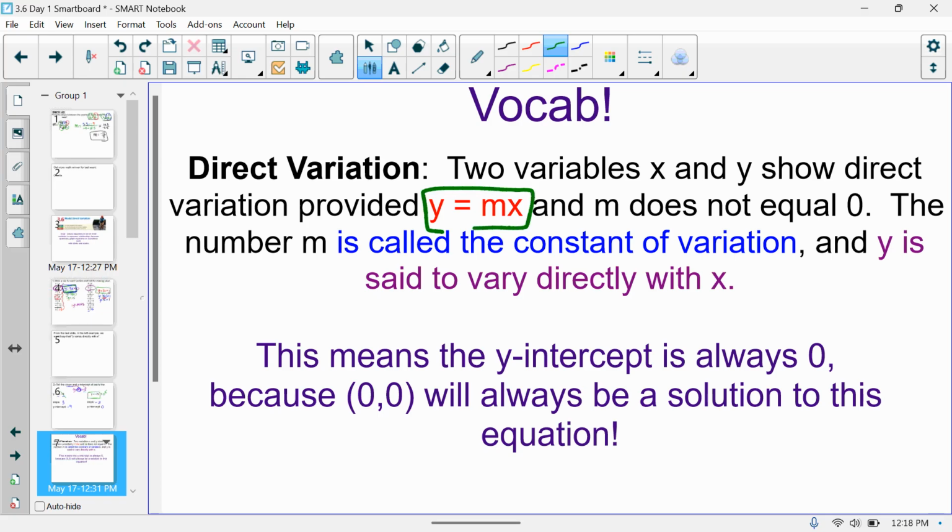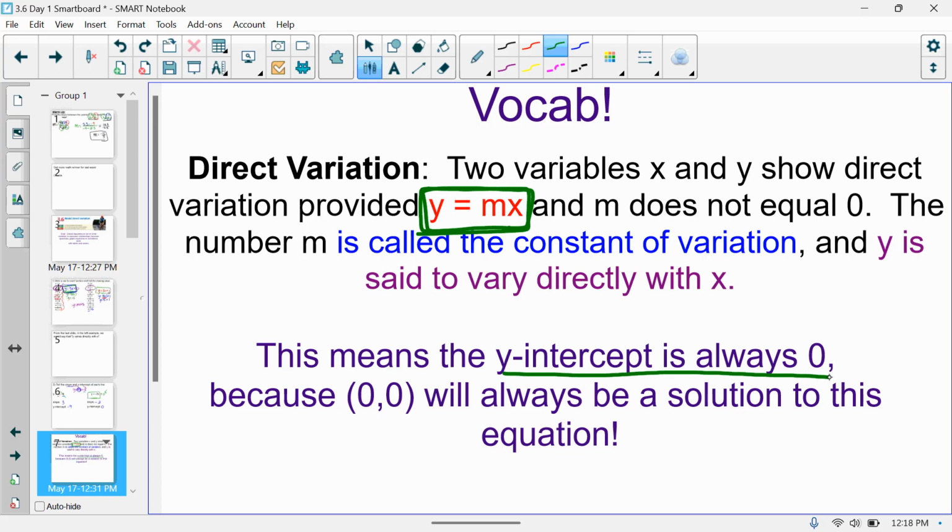I want you to circle that in your notes. Basically, we're going to need to memorize that, just like hopefully you memorized that slope-intercept form is y equals mx plus b. We want to memorize that direct variation is just y equals mx because b is 0, okay? So that's another thing that's important to underline here, that the y-intercept will always be 0, okay?